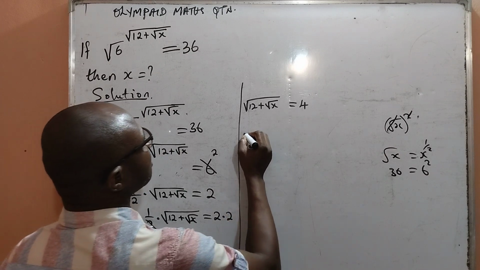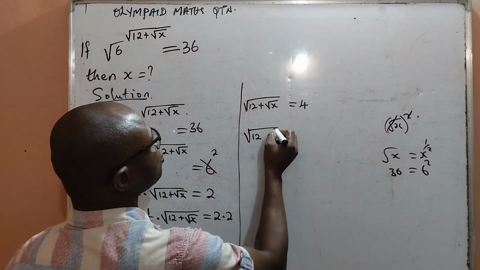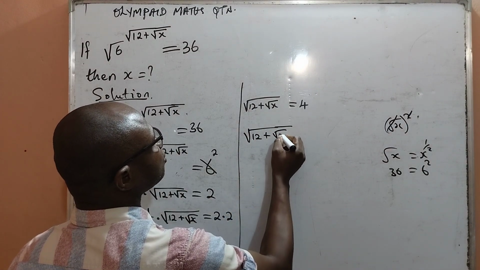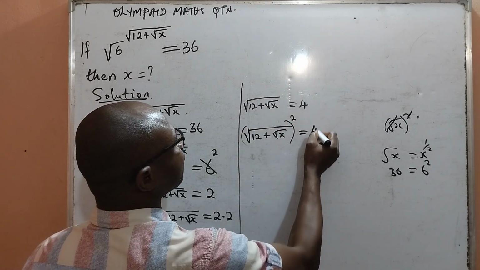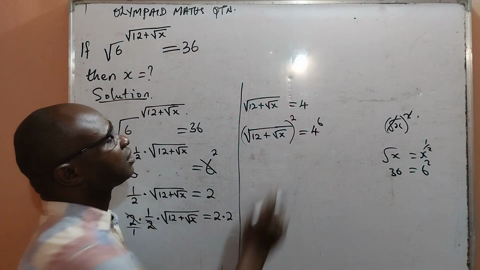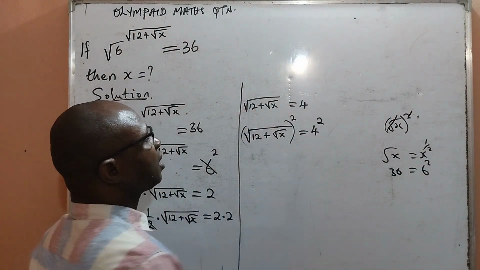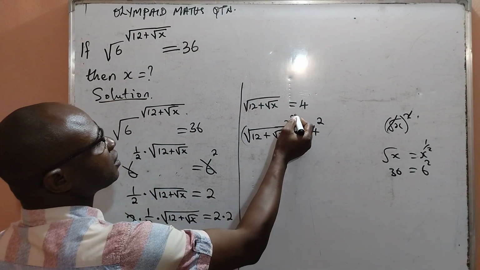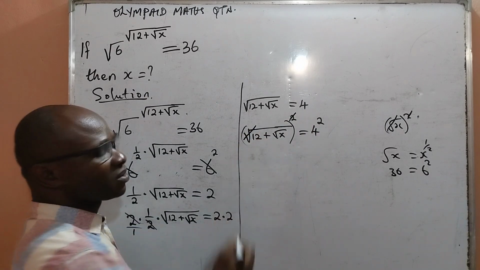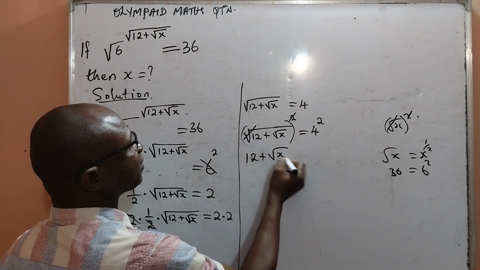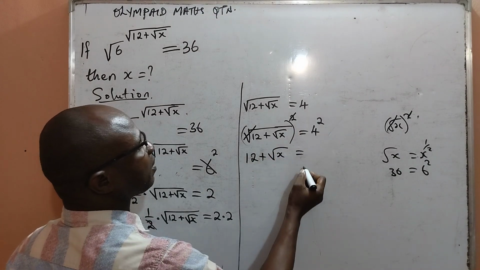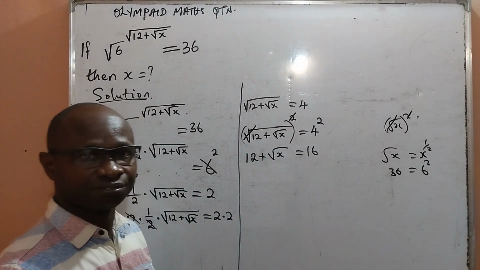And that means that the square root of 12 plus the square root of x all raised to the power 2 is equal to 4 raised to the power 2. Alright, therefore, power 2 will cancel with the square root to leave me with 12 plus the square root of x equal to 4 raised to the power 2, which is 16.